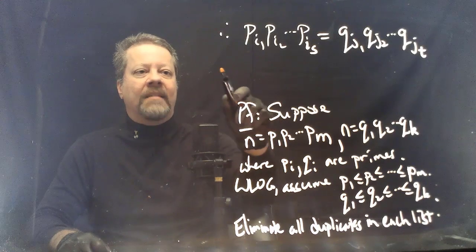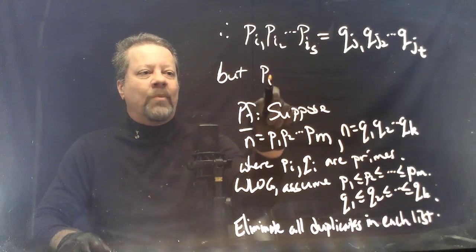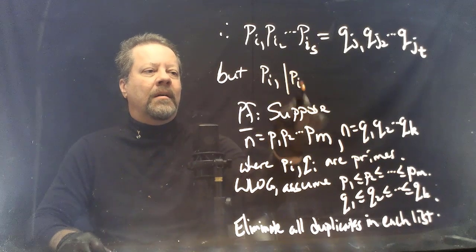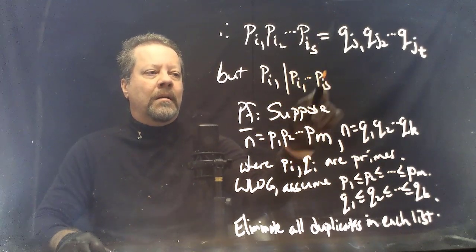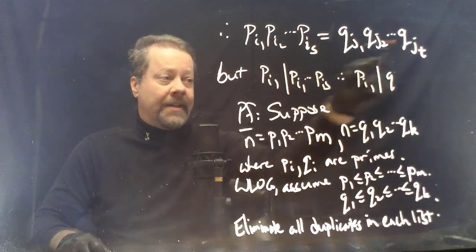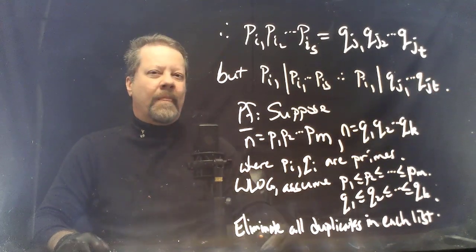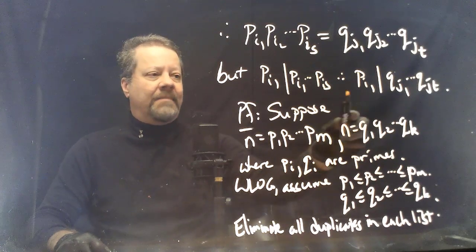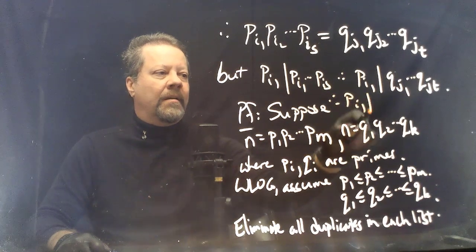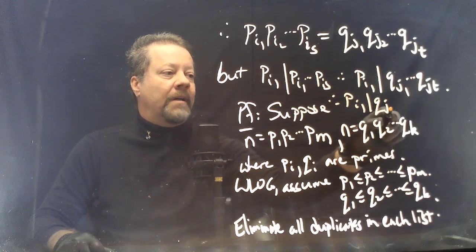But as you can see, pi1 divides the left-hand side, and that means pi1 has to divide the other side as well. But by our last theorem, that means pi1 divides one of these, qjr for some r.